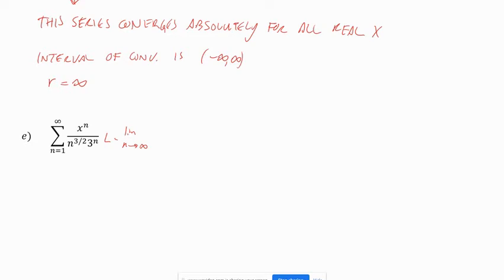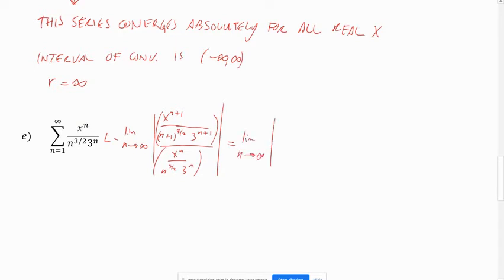And so we have the limit as n approaches infinity of x to the n plus 1 over n plus 1 to the 3 halves, 3 to the n plus 1, so that's our numerator, over x to the n, n to the 3 halves, 3 to the n. And so then that is x to the n plus 1 over x to the n.